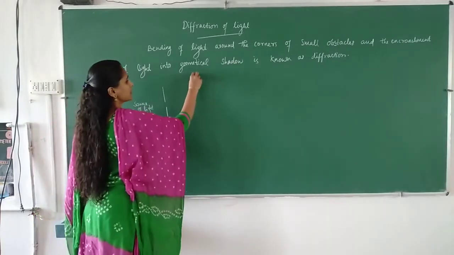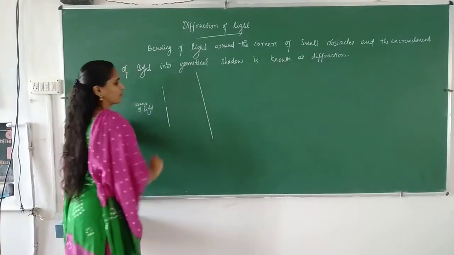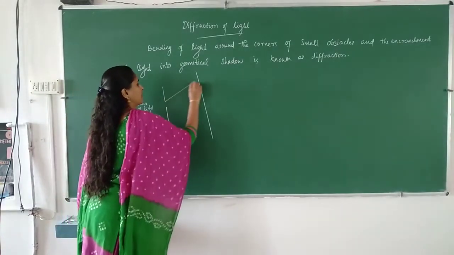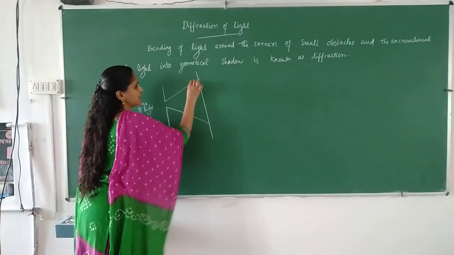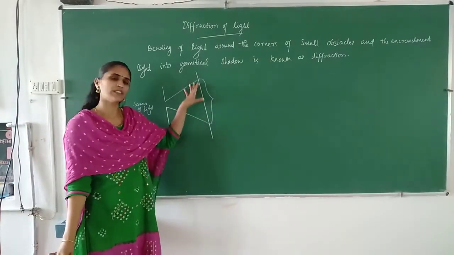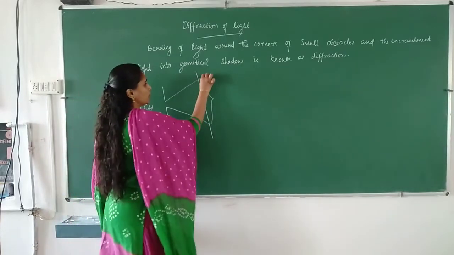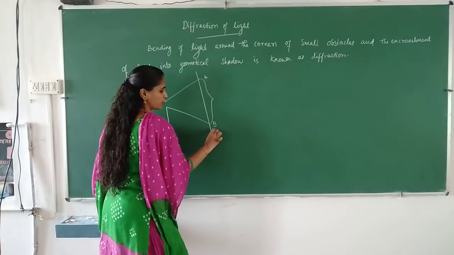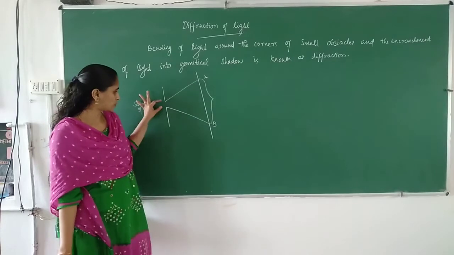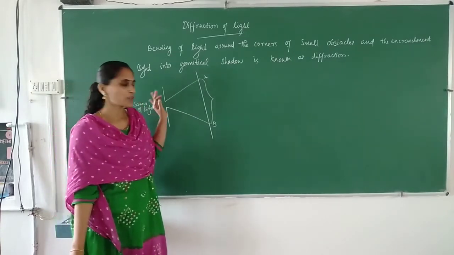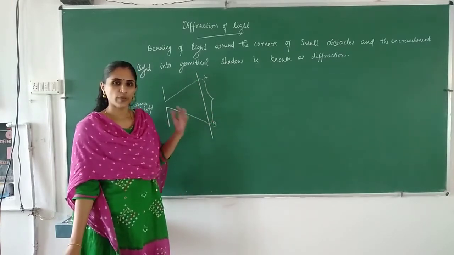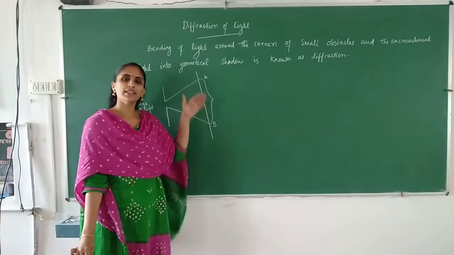If we keep a screen, according to the rectilinear propagation of light, this region AB should be completely bright, and above A and below B should be perfect darkness, because only a small slit is kept and light enters through that only. So we expect only the AB region to be bright.